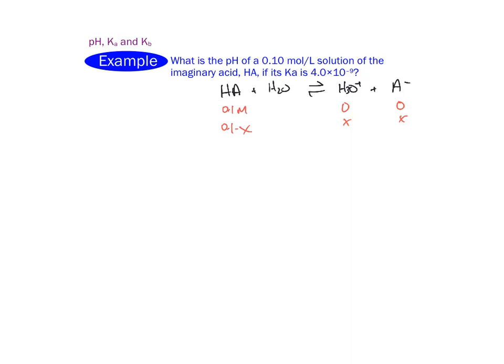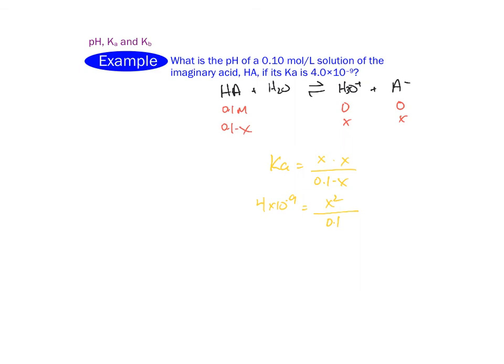So, we know that Ka is X times X over 0.1 minus X. We already know the Ka value. It's 4 times 10 to the negative 9. We have X squared here. We could ignore the X in the denominator, so it's just going to be 0.1 there.